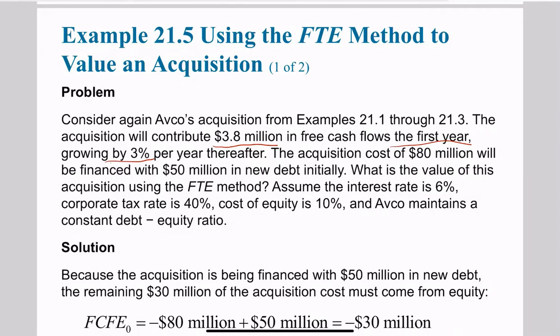And the acquisition cost of $80 million will be financed by $50 million in debt. The question is, what is the value of this acquisition using the FTE method? And we also assume the interest rate is 6% and corporate tax rate is 40%, cost of equity is 10%, and the firm maintains a constant debt equity ratio.